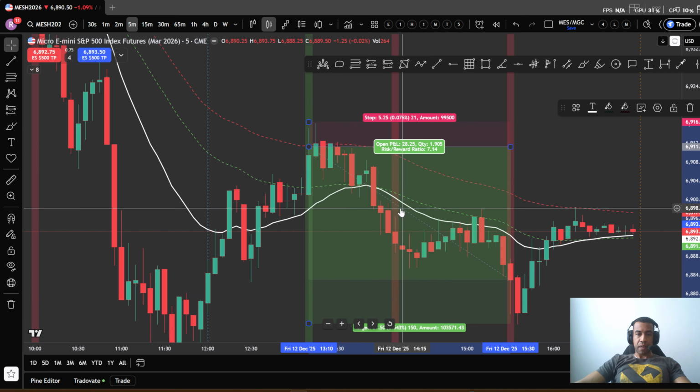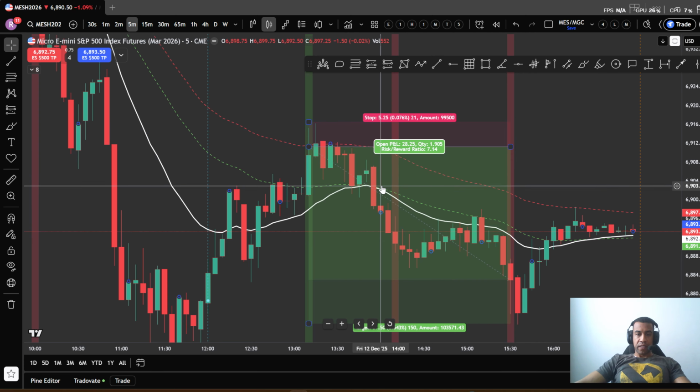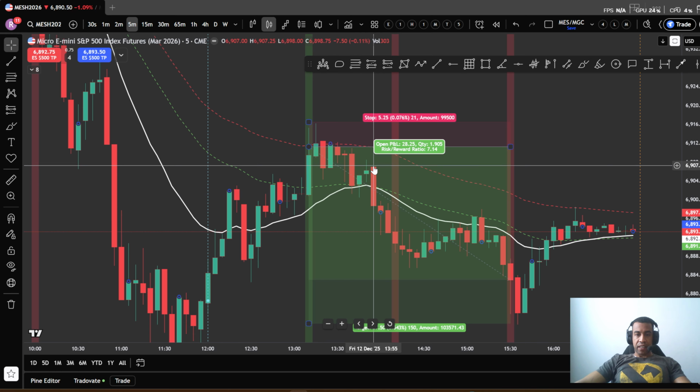Let's say you didn't get stopped out over here. Once you get a candle like this candle over here, for example, that closes below, if you are in a short position, if you get this candle that closes below the EMA 45 low, or even in this candle, then you move your stop loss either to break even or maybe a little below.